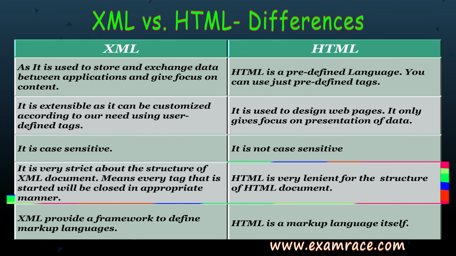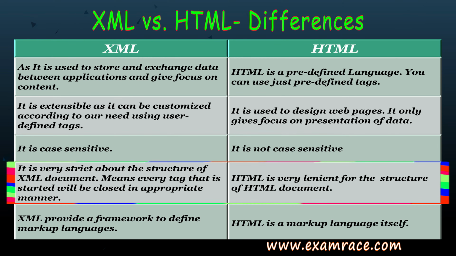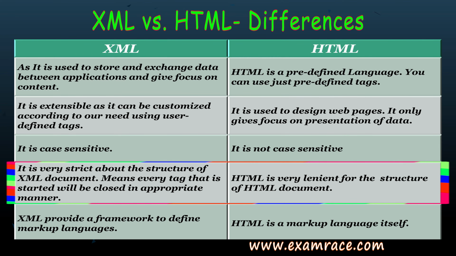Then the next point: we have one strict structure of an HTML document. But in case of XML, we are very lenient in creating the structure of the document. We can create multiple tags and nesting of tags. So this is another difference between XML and HTML.